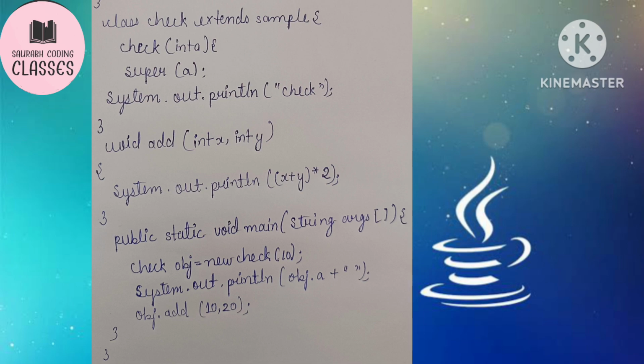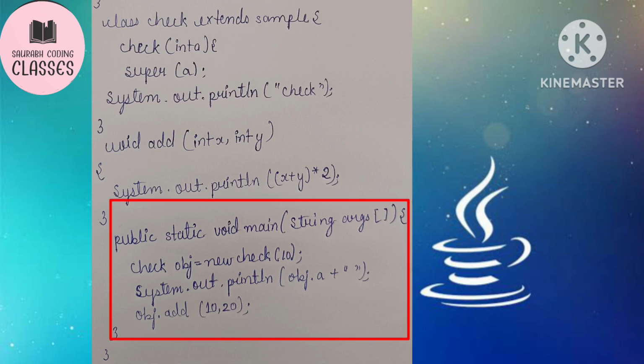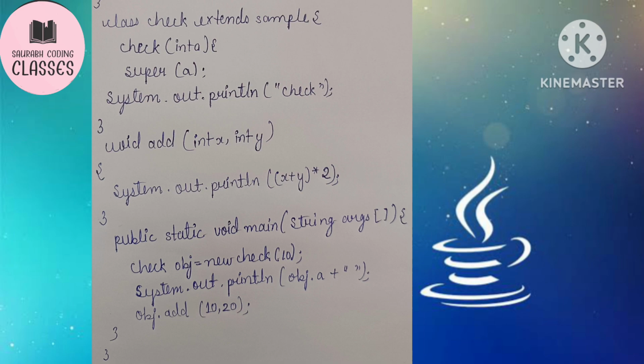We are defining a main method, which is the execution point of Java programming. Inside the main method, we are making an object of the child class and accessing the member variable of the superclass by using the object of the child class.